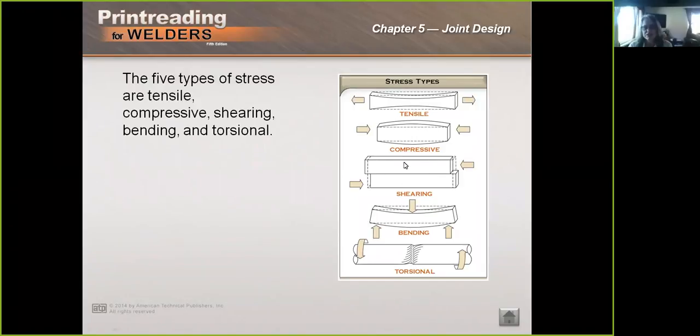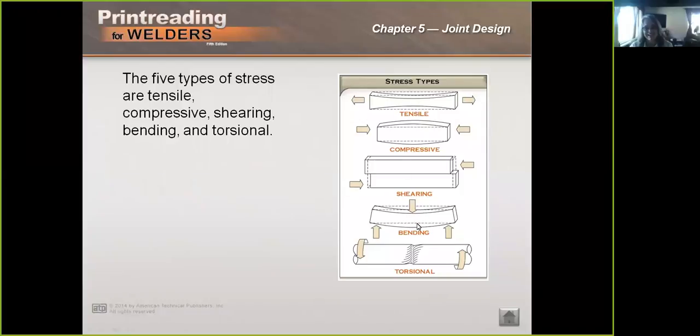You get shearing stress when you've got 2 members, either 2 parts of a member or 2 members that are attached together, but then you've got some attempt to slide one against the other. And you've got bending stress.